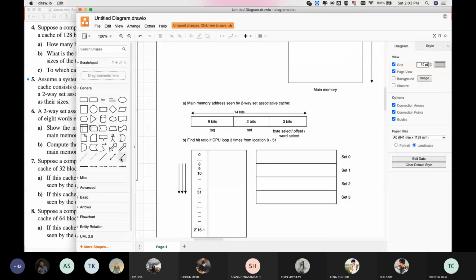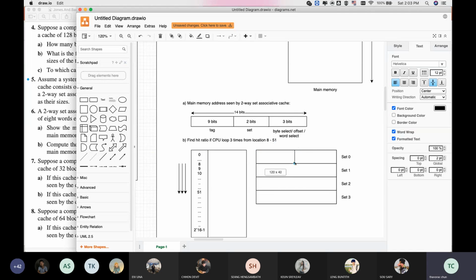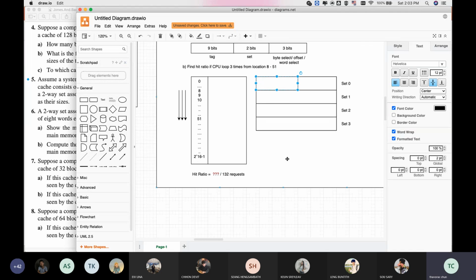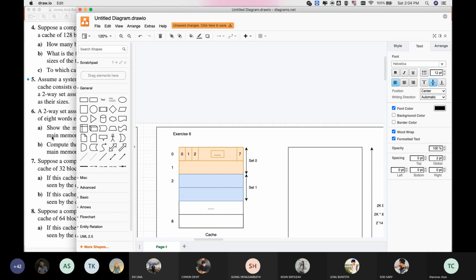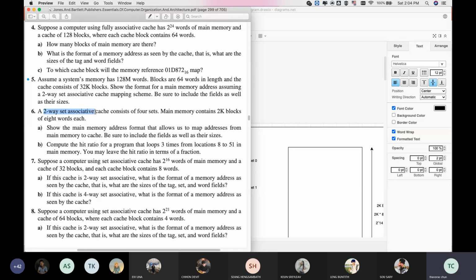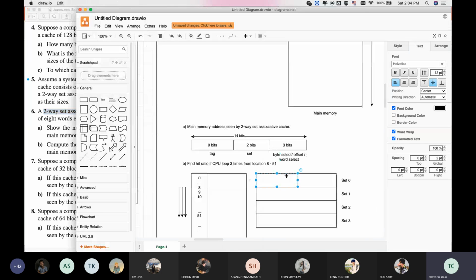Okay, and then in each set, there are 2 blocks. Okay, because we are talking about two-way set associative. So in each set, there are 2 blocks.